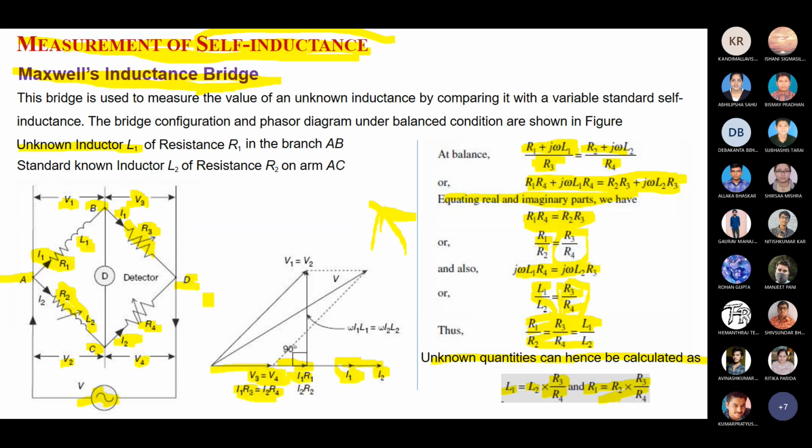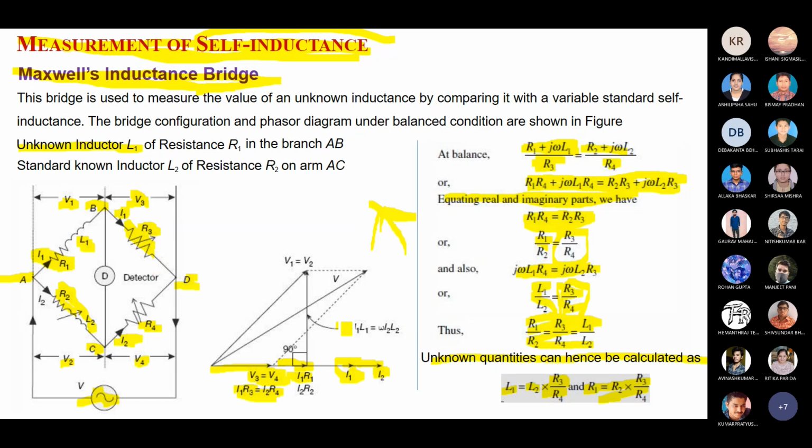Now we have to calculate V1. So V1 equals what? I1 R1 plus j I1 omega L1. You know that j means plus 90 degrees, so 90 degrees leading. So what is the value of the other component?